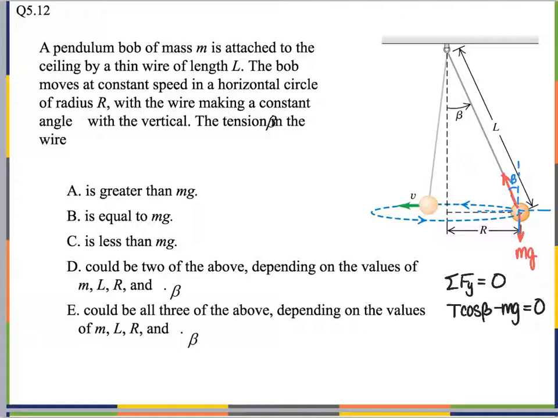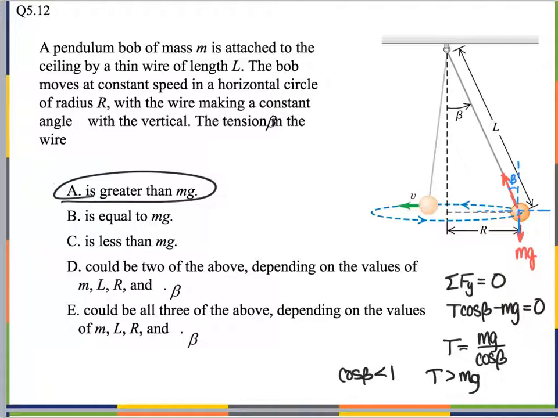So T cosine beta is actually the vertical component of tension. I can rearrange this to find an expression for tension. And because the cosine of beta is going to be less than 1, that means that the tension is actually greater than mg. And so that's how I find my answer here for this particular problem.